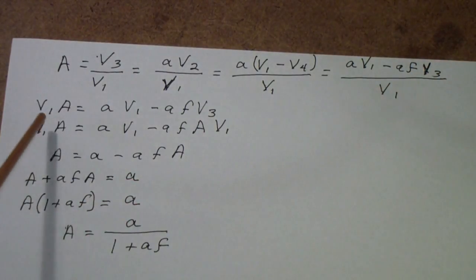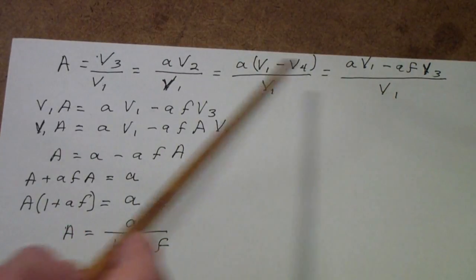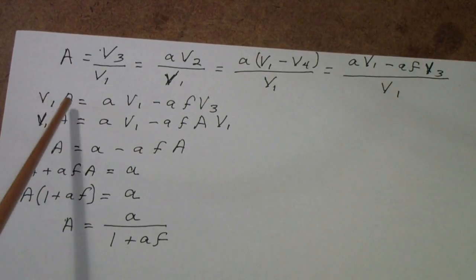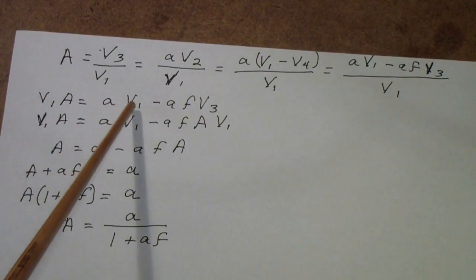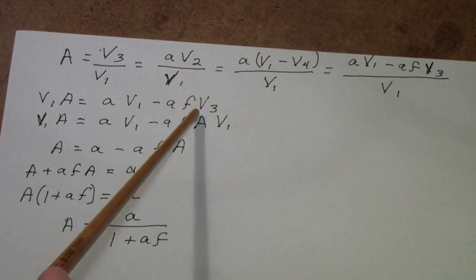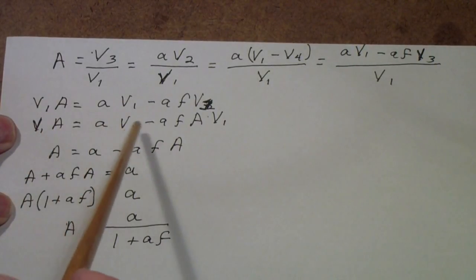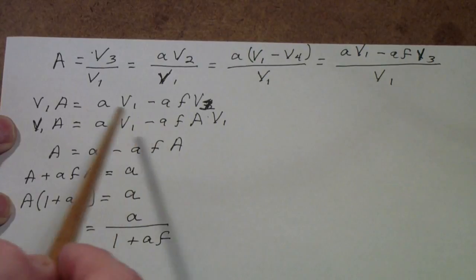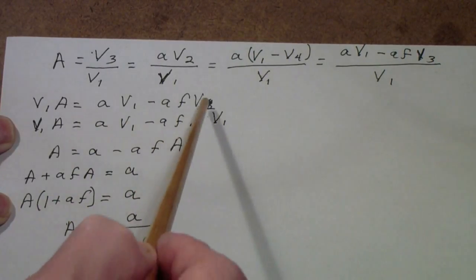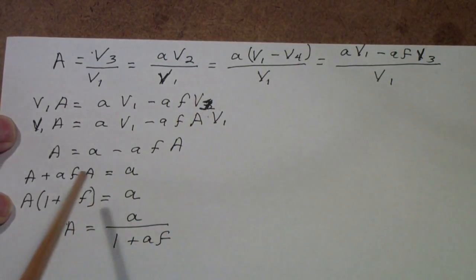Now we're going to copy this back down over here, the only difference being that I'm going to move the V1 over here beside A. So we have V1 times A equals little a V1 minus little a F, and then we replace V3 with capital A V1.